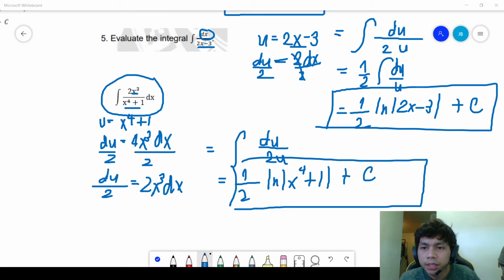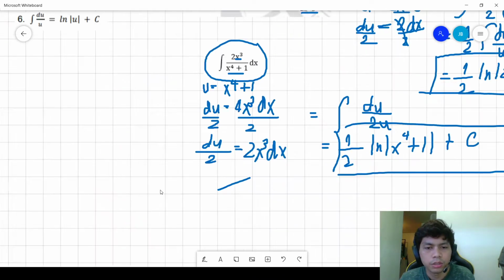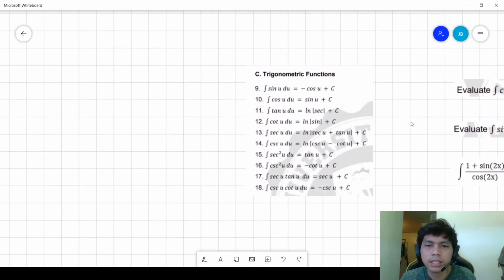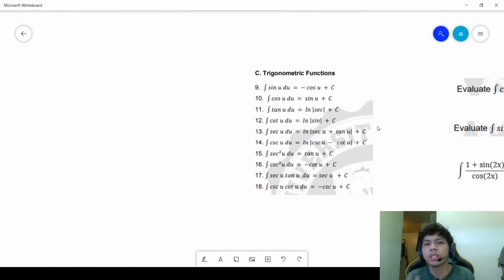Okay, so now let's go to our next topic, which is all about the simple trigonometric functions. So this one, you will memorize more. Let me show you. Actually, this is already written in your SIM, so you just need to familiarize yourselves with it. You need to memorize, okay?